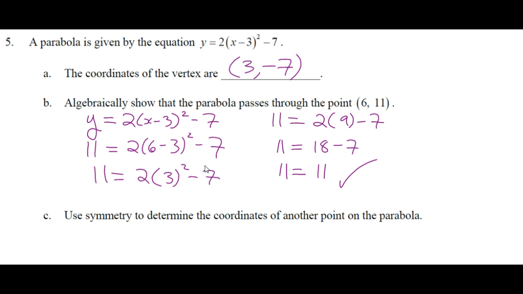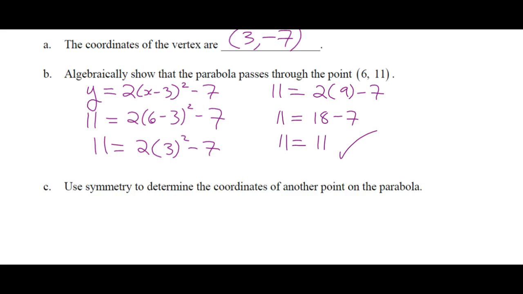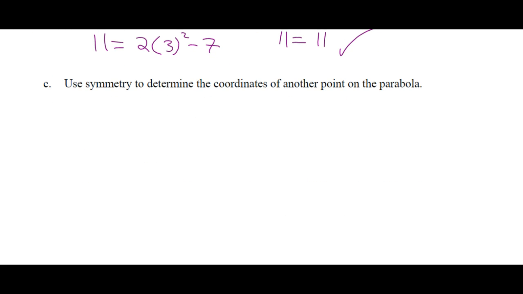Okay. Use symmetry to determine the coordinates of another point on the parabola. So we got (6, 11). So what's the other point? Now it says to determine, and determine means what? Show your work. Okay, so where was the vertex? (3, -7).